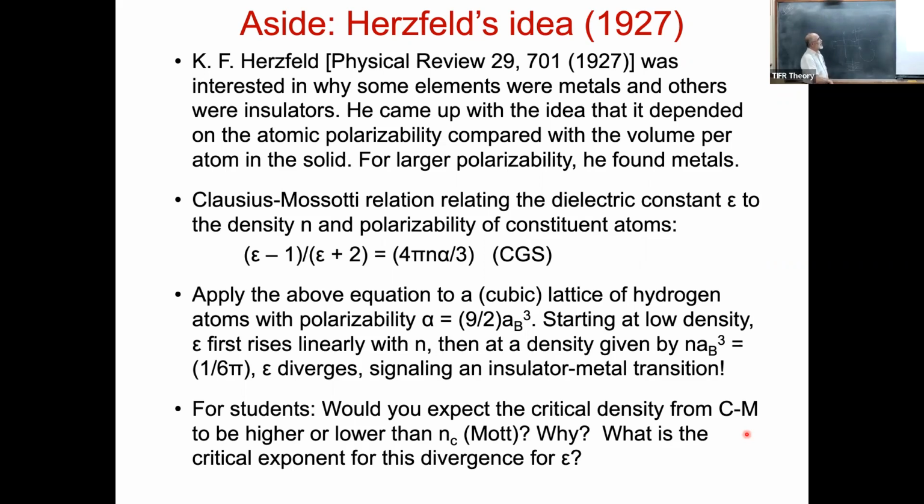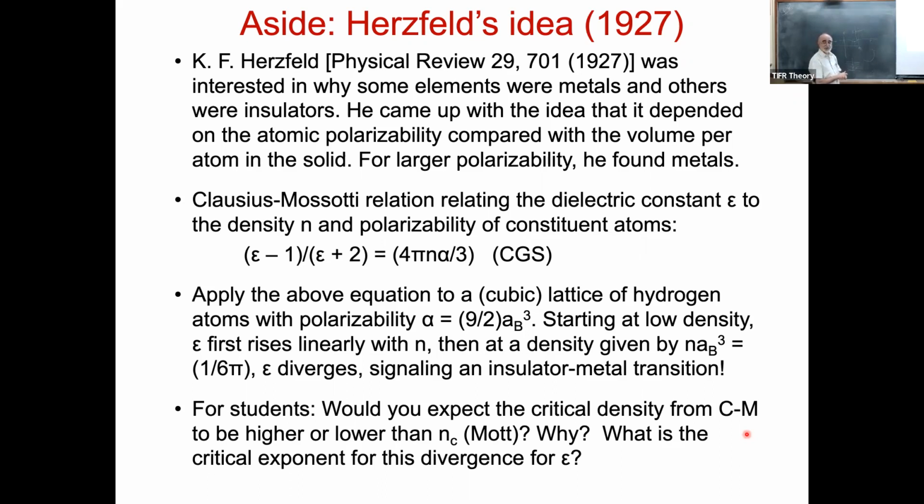And he wanted to know why some elements were metals and some others were insulators. And what he came up with was that if you looked at the atomic polarizability and the atomic density of the material, it had something to do with those two together. If the polarizability was large or the density was large, you got metals. If the density was low or the atomic polarizability was low, you got insulators.